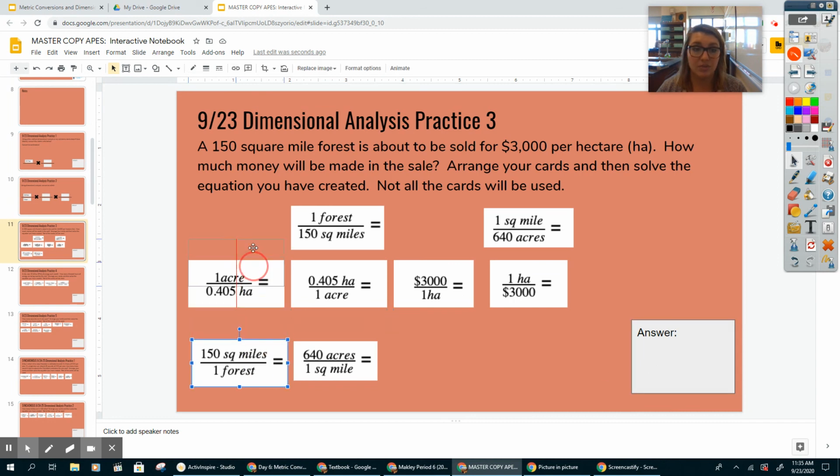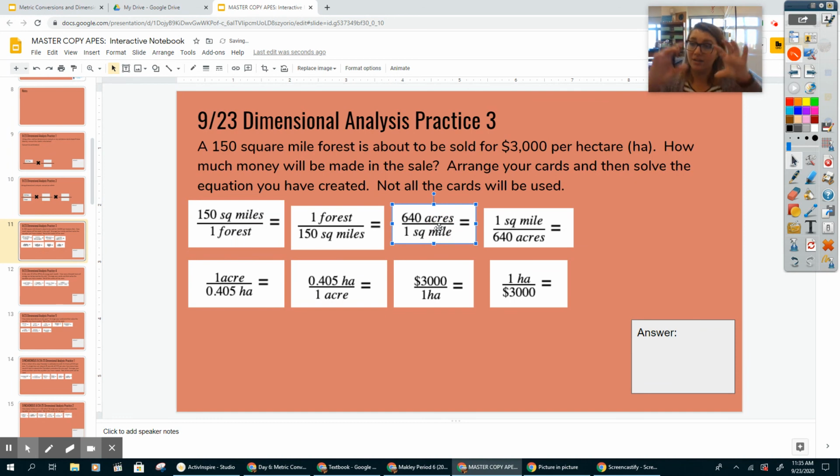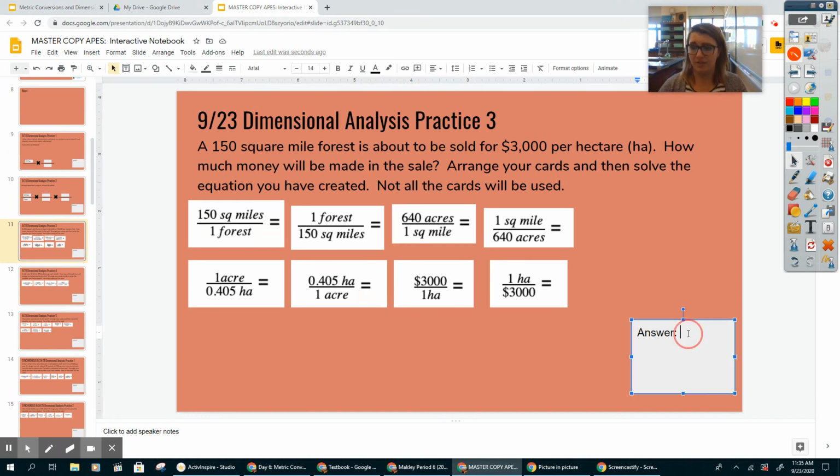You're using the cards, and you're going to arrange them in your dimensional analysis equation, and then you're going to type your answer in this box. So you're arranging the squares in the order that you would use for dimensional analysis. I'm already giving you the conversions. All you have to do is arrange those squares.